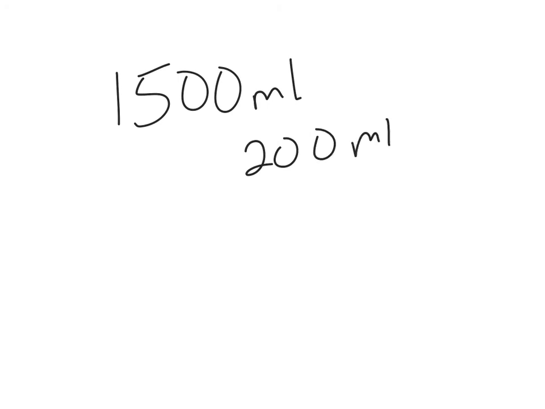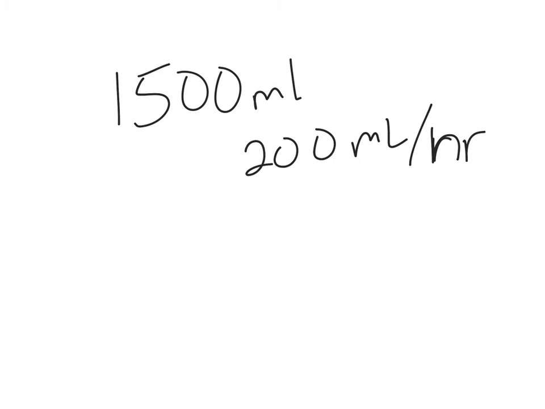So let's say we have a patient who is told that they need to take, and let's do this one because this one will make a little bit of sense. Let's say a patient needs to take 1,500 milliliters at a flow rate of 200 milliliters per hour.